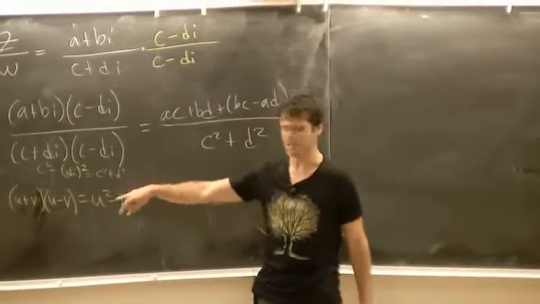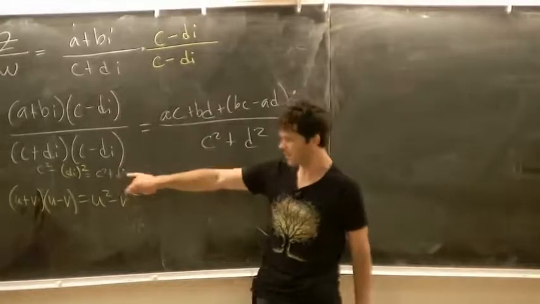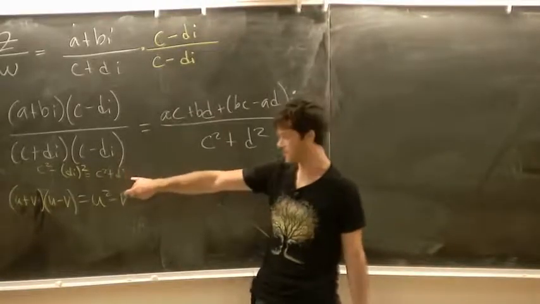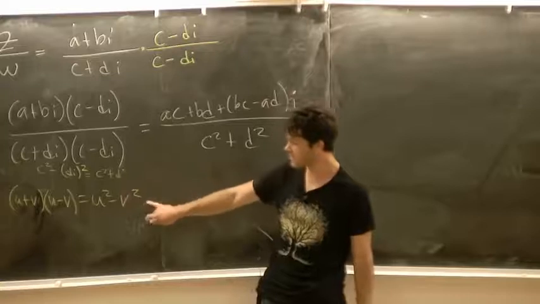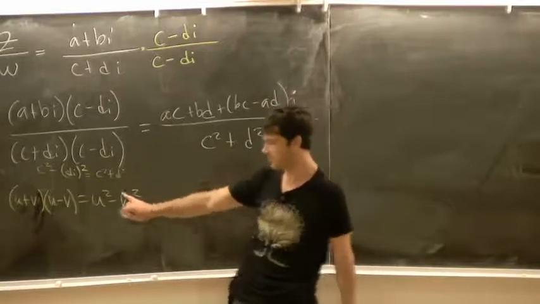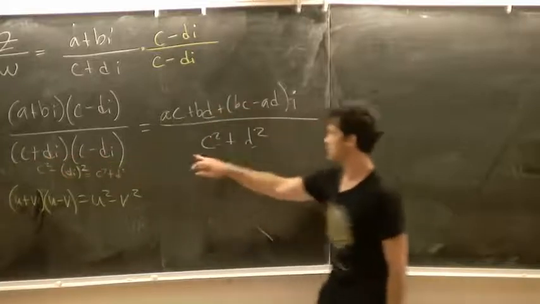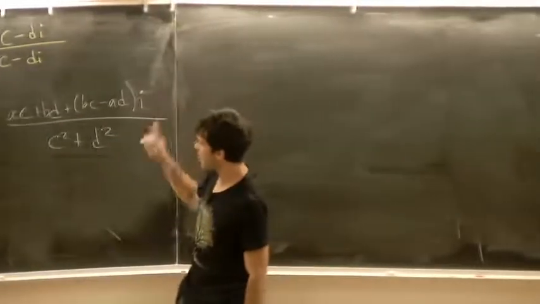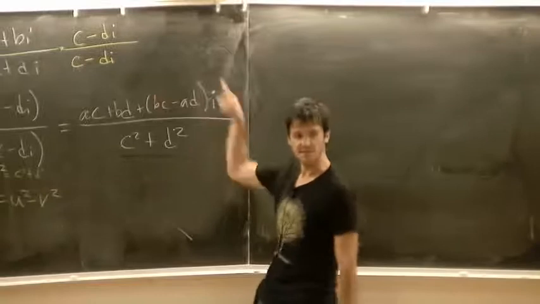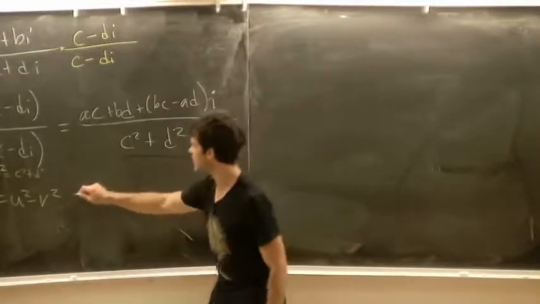Pay attention to that trick that I did right here. This is something you're going to have to do many times over when dealing with complex numbers. I used this identity, and I used the fact that i squared is negative 1 to rewrite this product as this. And now, this is in the usual form of a complex number, right?